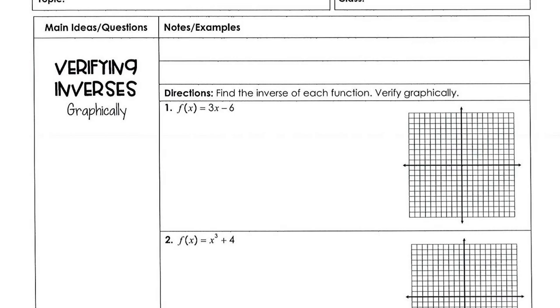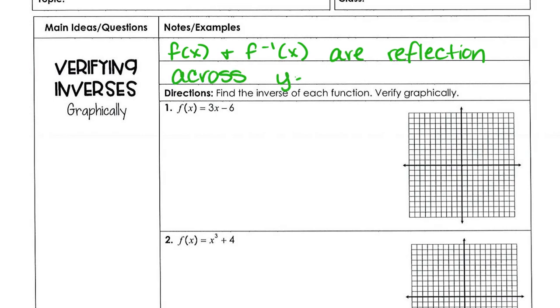So verifying inverses is when you have two functions, say f and its inverse, and they are reflections of one another across the line y equals x and x equals y. So if y equals x, x must equal y. If I have $5, I can buy a chicken. If I can buy a chicken, I've got $5. That's kind of how it works.